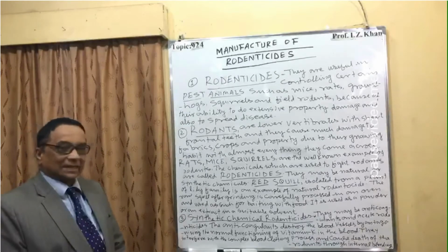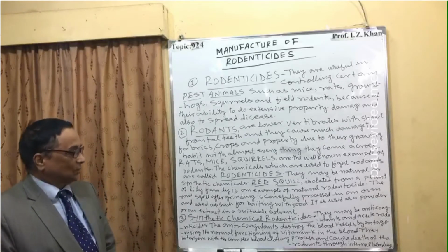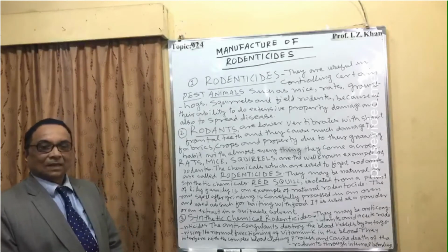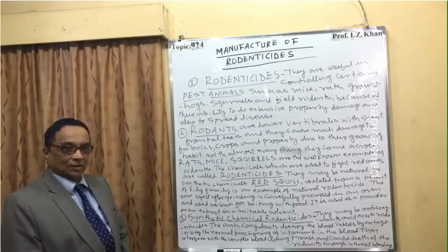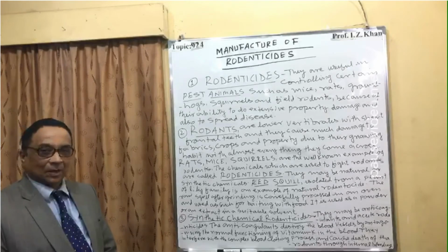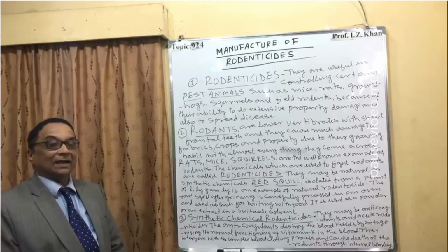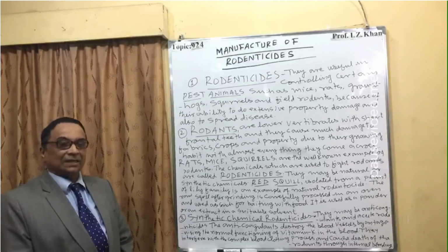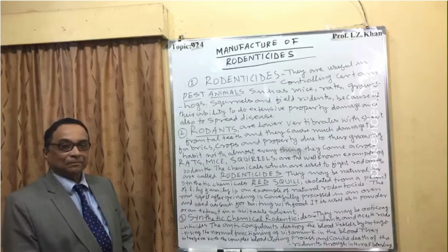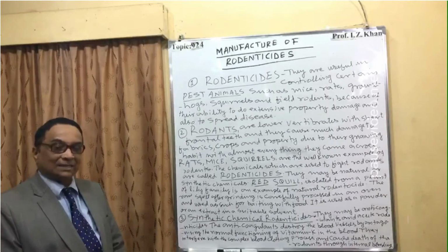Number 3, synthetic chemical rodenticide. So these synthetic rodenticides, they may be anticoagulant. Actually, all these synthetic rodenticides are anticoagulant, and their main role is that they will disturb the blood viscosity, and they will work as an anticoagulant, and also they will disturb the action of vitamin K activity, and vitamin K is responsible for blood clotting, and rather than blood clotting, they will hemolyze the blood.